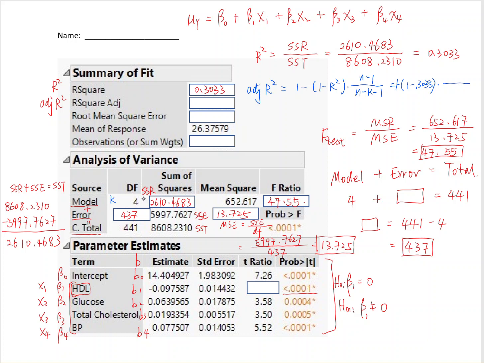So that's why the degree of freedom is 4, right? And then we say, what is the degree of freedom for the error? We have the formula, which is n minus k minus 1, right? What is the degree of freedom for the total? It is n minus 1. Right? So since n minus 1 is 441, so what is n? It will be 442, right? So now we can figure out here, observations is the n, right? So it would be 442.